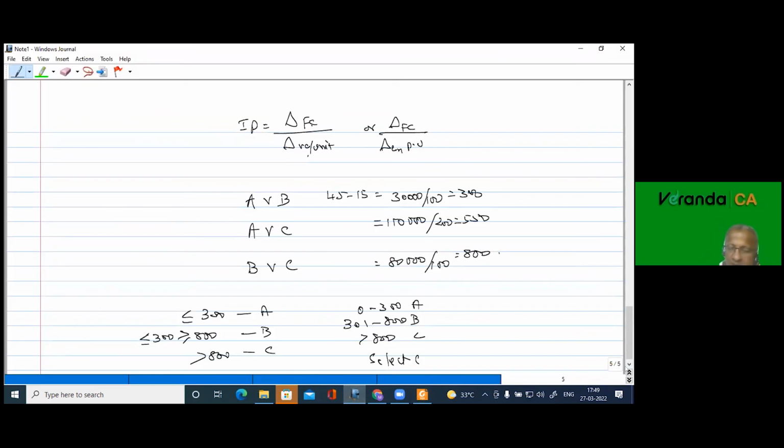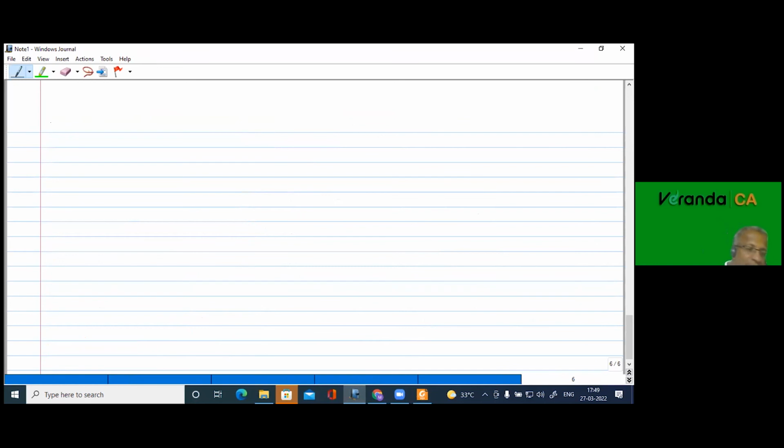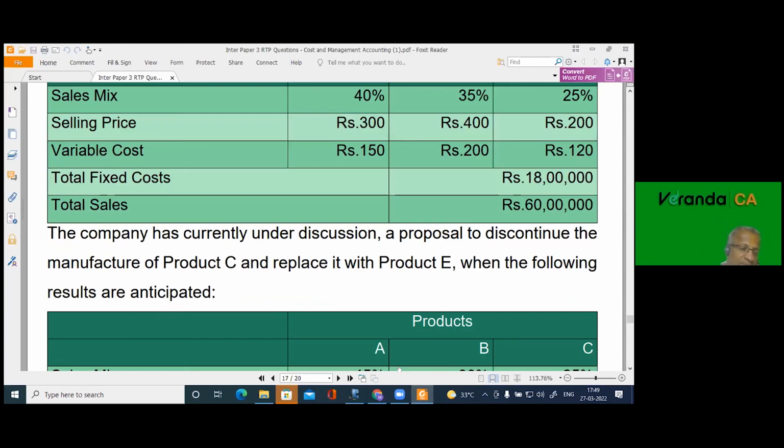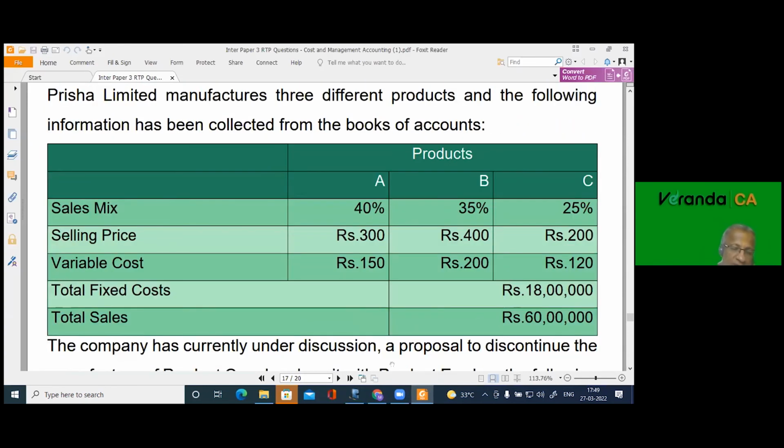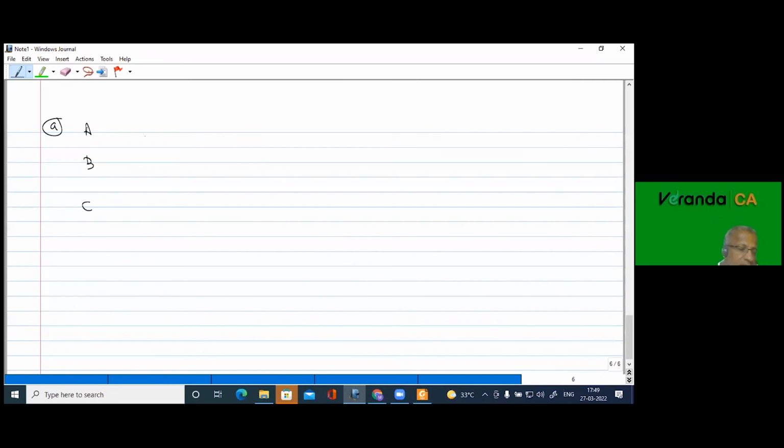So how do we make a presentation for the last problem? So A, B, and C. What are their selling prices? 300, 400, and 200.